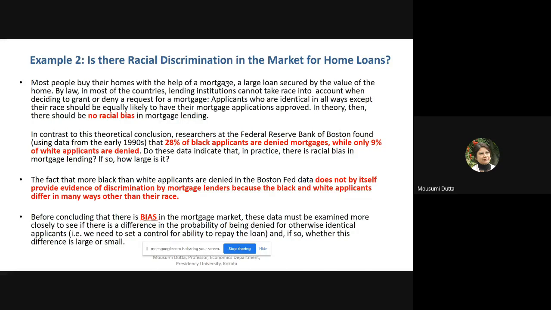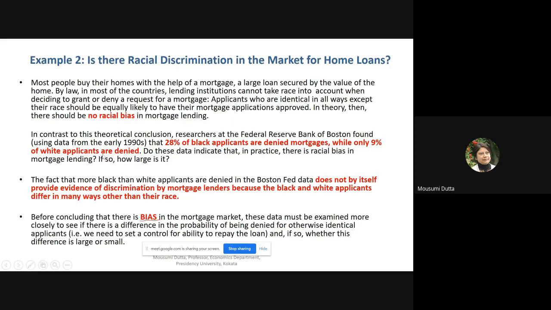Now, there is another very important study, and that study found that only 28% of socially unprivileged applicants were denied mortgages. Actually, while only 9% of the other privileged applicants are denied.